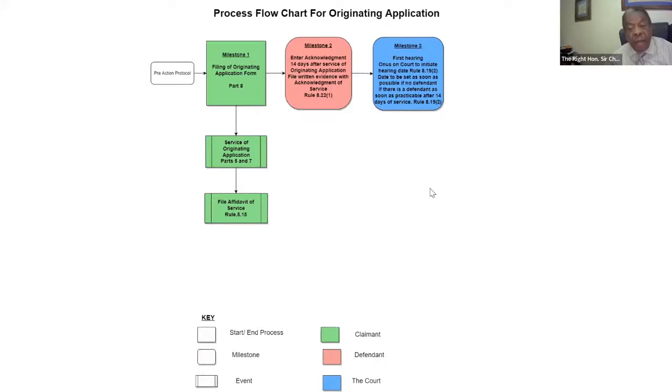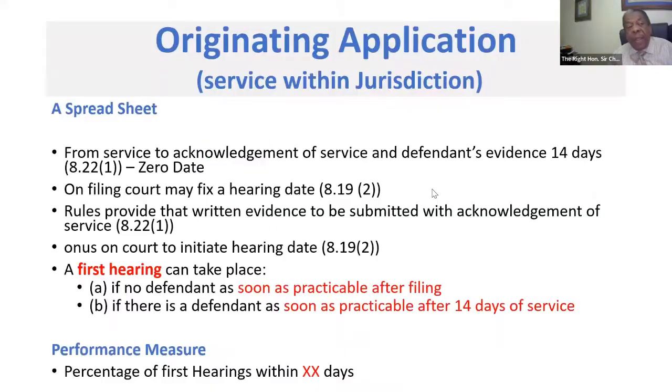Now, if there's a defendant, and you'll recall that the claim must be filed with the evidence, the acknowledgement of service, if it indicates that there's an intention to defend, must be filed with evidence.